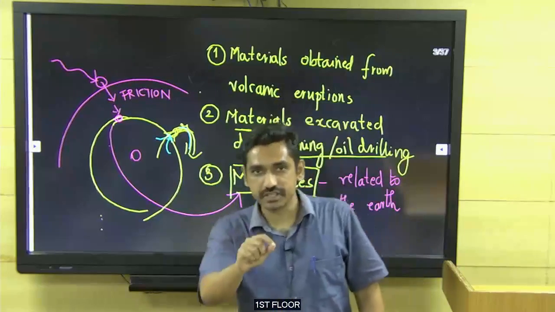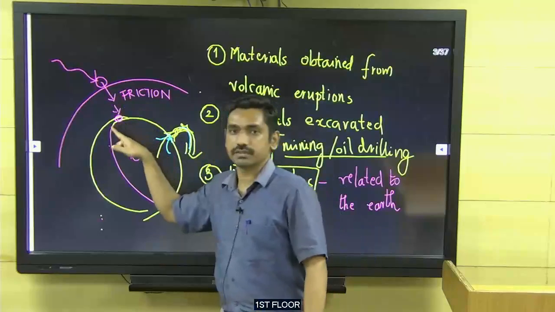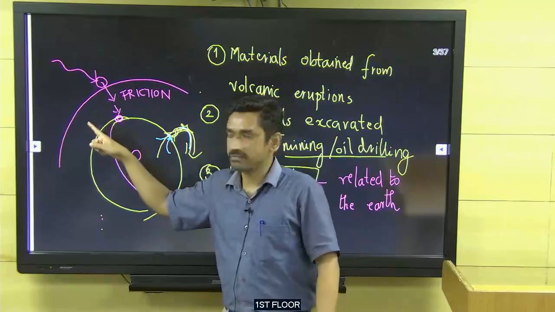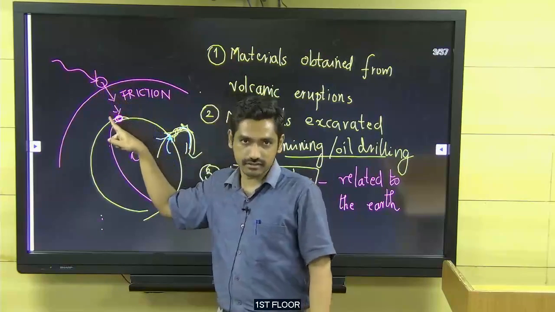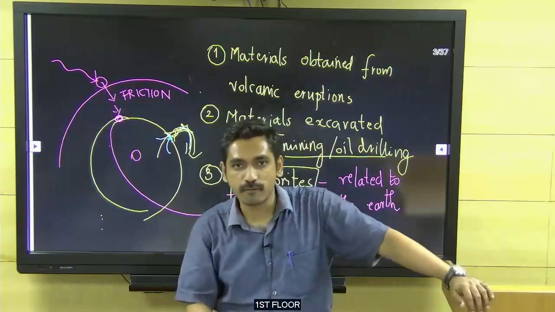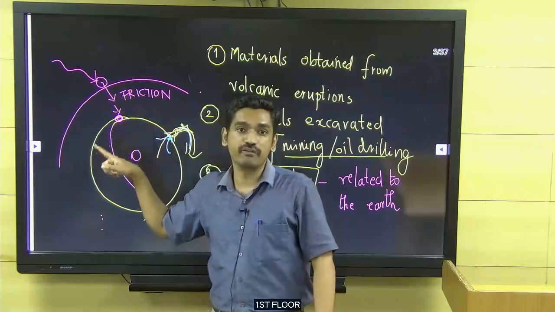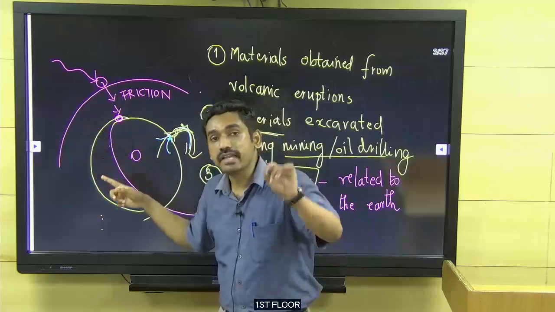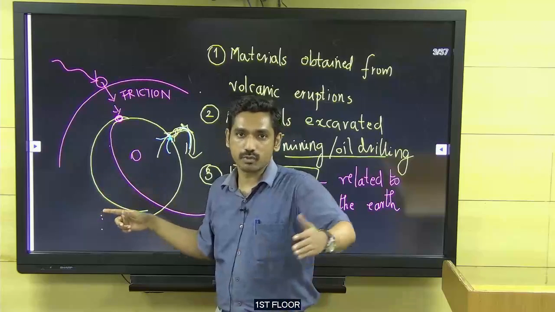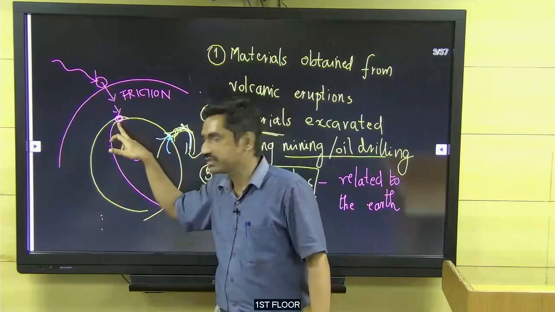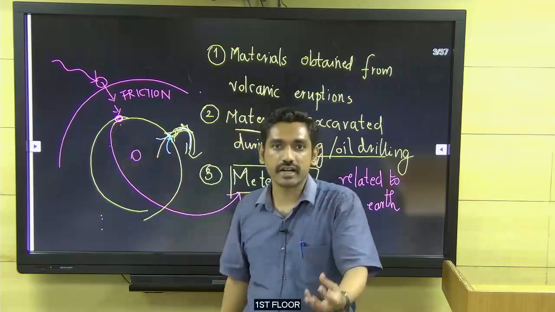Finally, the third material is meteorites. Meteorites are cosmic objects which are able to reach the Earth's surface. Usually this doesn't happen because once you re-enter the Earth, you face enormous friction from the atmosphere, so these rock materials burn. If by any chance, like 0.001%, the material reaches the Earth's surface, you can take it and study it.